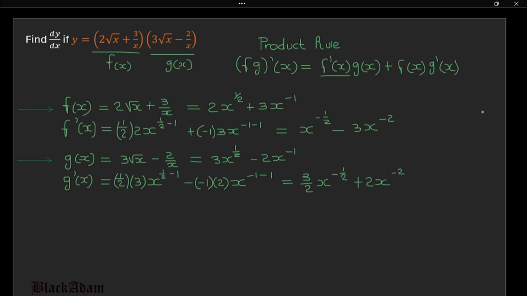And then derivative of f of x, so that's our dy dx, that's the derivative.